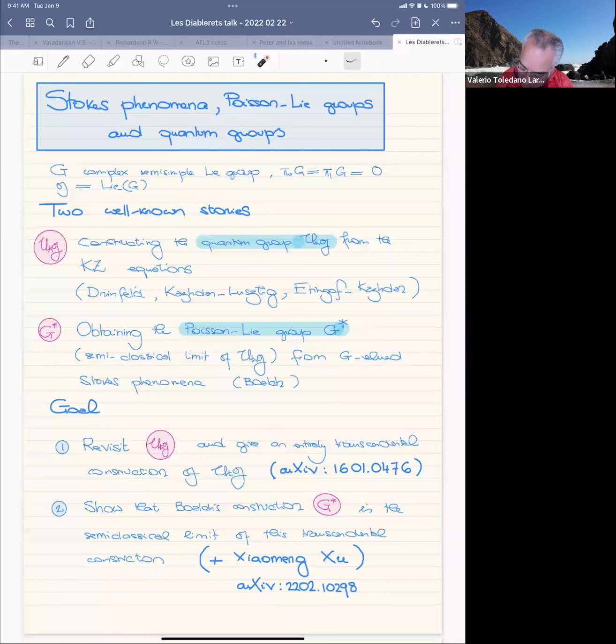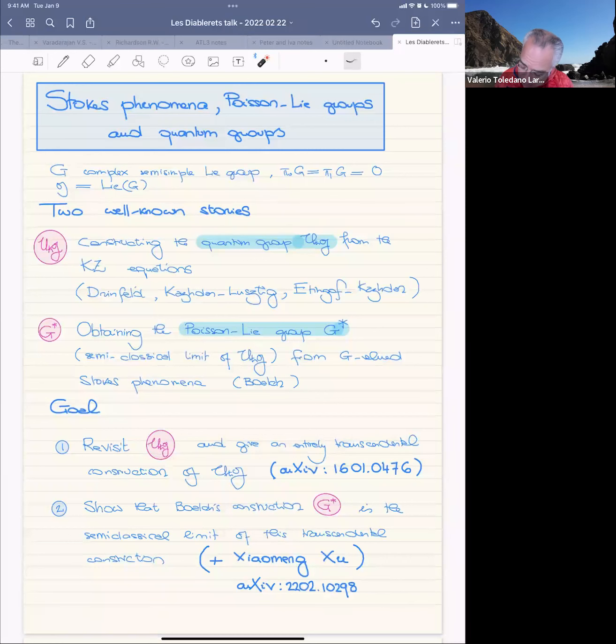I want to explain how you can revisit this construction of the quantum group to give a purely and entirely transcendental construction of the quantum group. This is a paper of mine from 6 years ago. And then I want to relate this revisited construction of the quantum group to Phil's construction of the dual Poisson Lie group in a precise way.